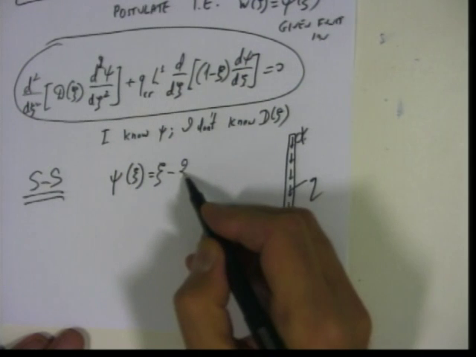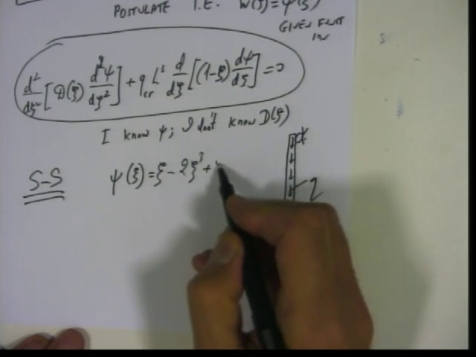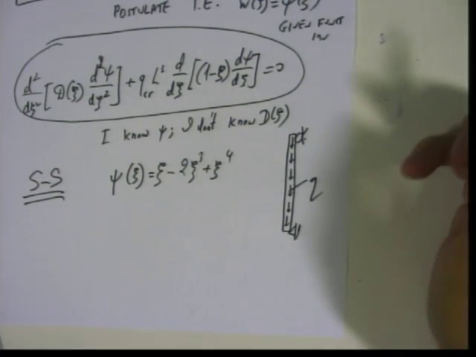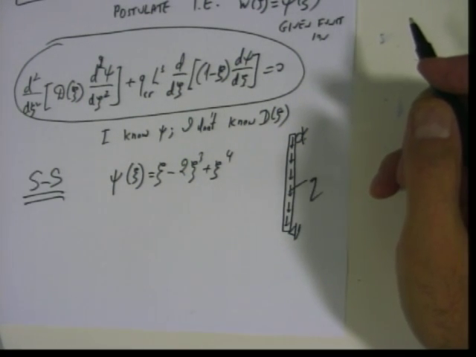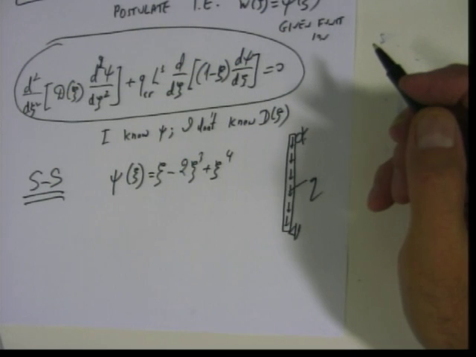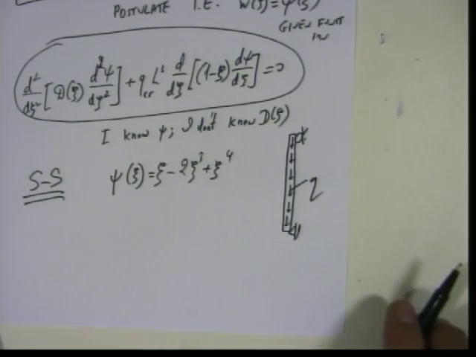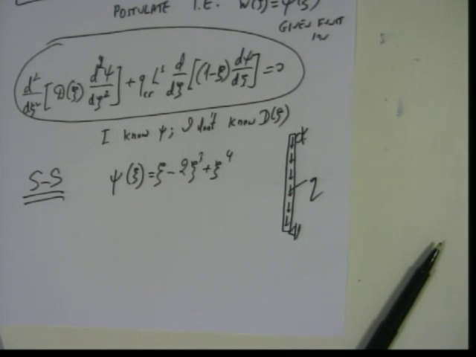Yes, psi minus 2 psi cubed plus psi in fourth power. I'm taking the same function as in the previous problem. I don't care about the problem, because I have my psi. I found already this psi, and therefore I can use this psi in any problem where there is a simply supported boundary condition.